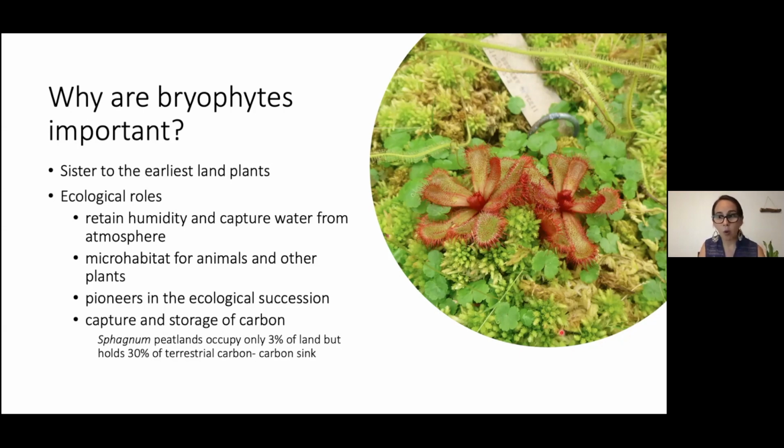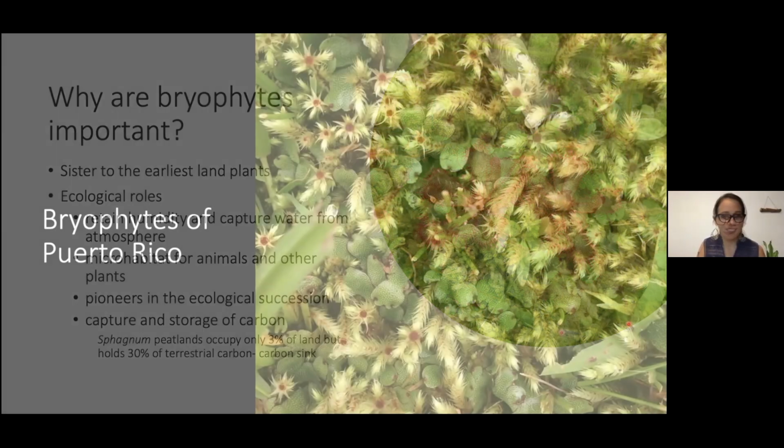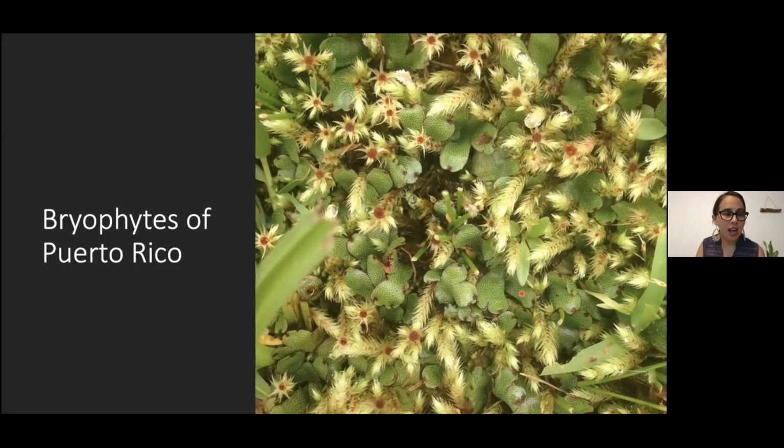Although they only occupy 3% of the land, they hold about 30% of terrestrial carbon. So they are a carbon sink. These plants might be alive on top, and then the bottom is just holding all that carbon.